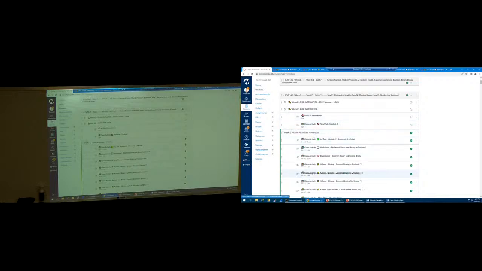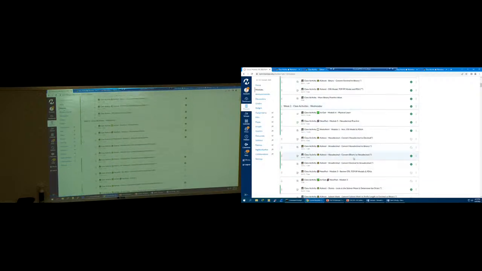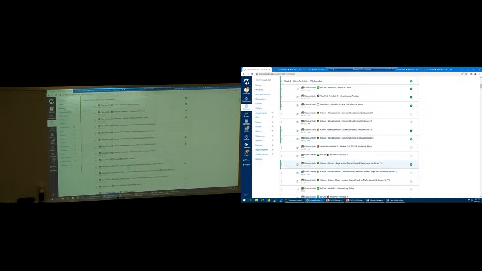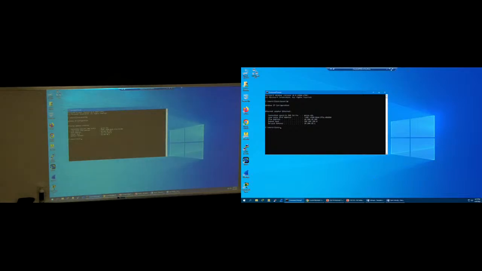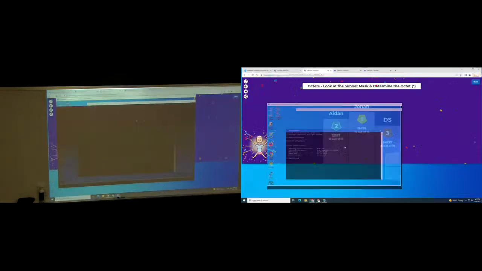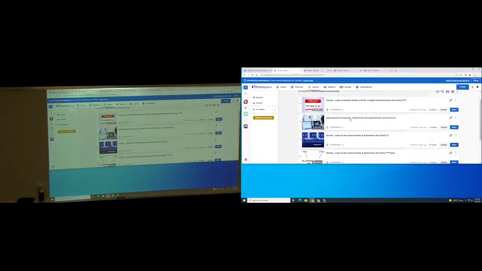You'll see it on your to-do list, the calendar, or in modules. It's the Kahoot that says subnet mask or octets. Either one is fine with me.